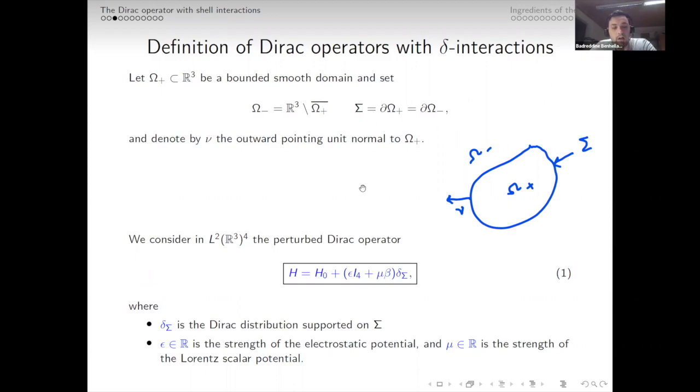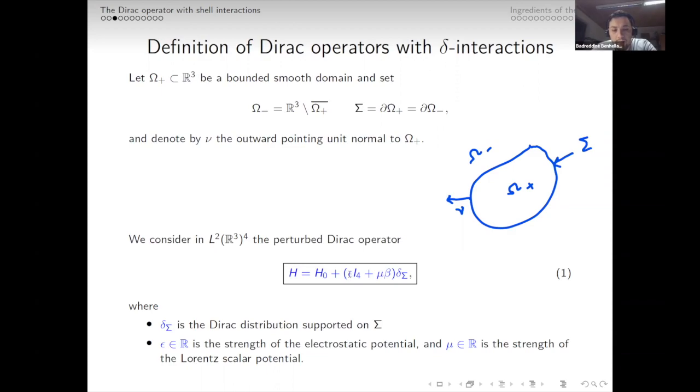Our main goal is to study this perturbed Dirac operator that I'm denoting by H in L2 of R3. Here we have the unperturbed operator H0 plus this delta potential. Okay, this is the Dirac distribution supported on the surface sigma.